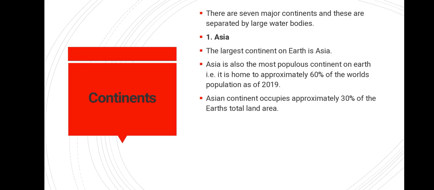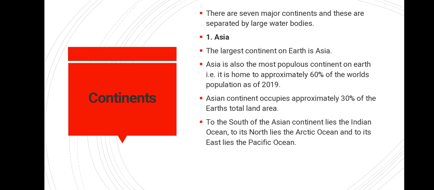You should remember. To the south of the Asian continent lies the Indian Ocean. To the north lies Arctic Ocean and to the east lies the Pacific Ocean. And in west you will find Red Sea.